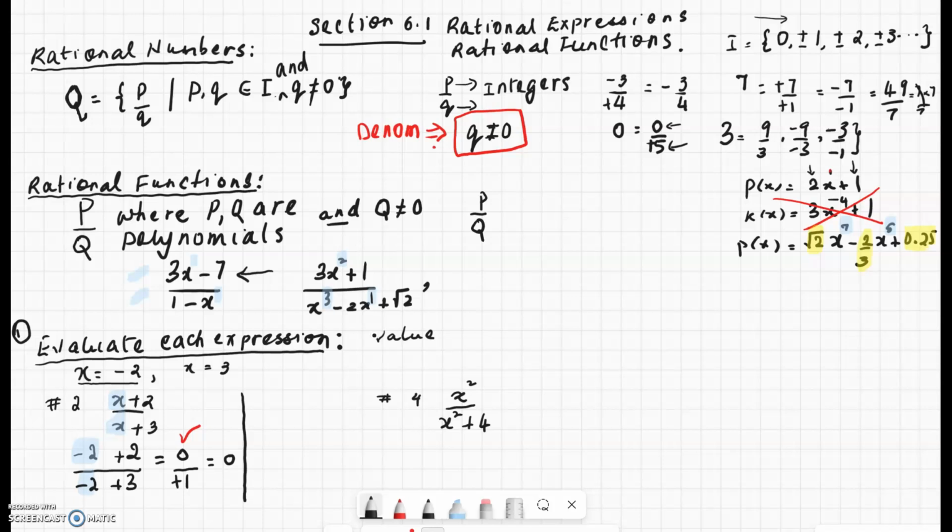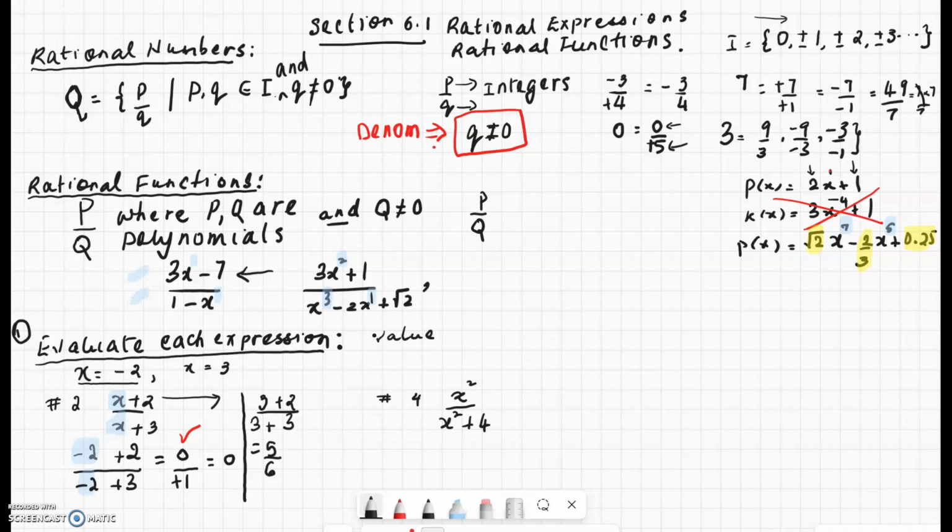So in the same problem, plus 2 divided by, wherever you see an x, plug in a 3, and then you have a plus 3. So that is equal to 3 plus 2 is 5 over 3 plus 3 is 6.